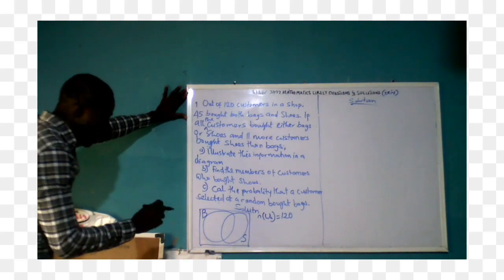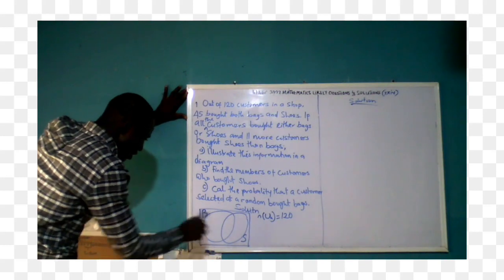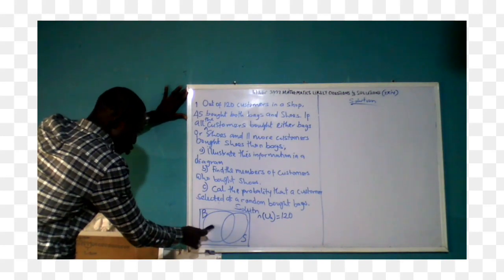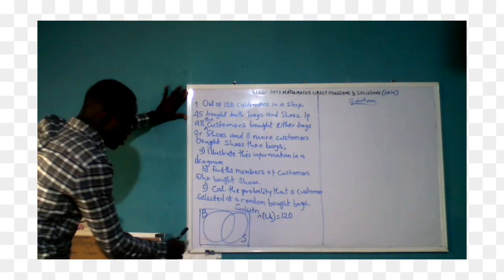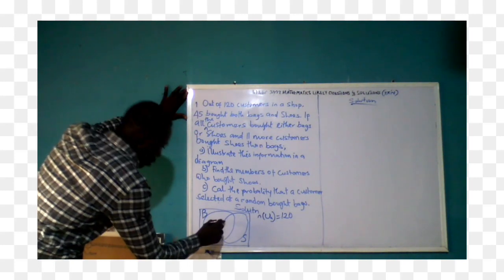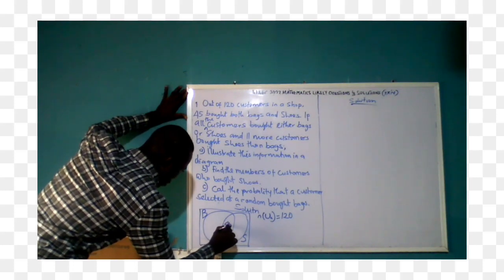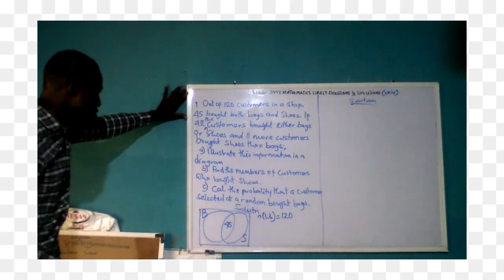Look at the compartment of both bags and shoes. This is the compartment where bags intersect shoes, or shoes intersect bags. So this compartment contains 45 people, that is, those that bought both bags and shoes.